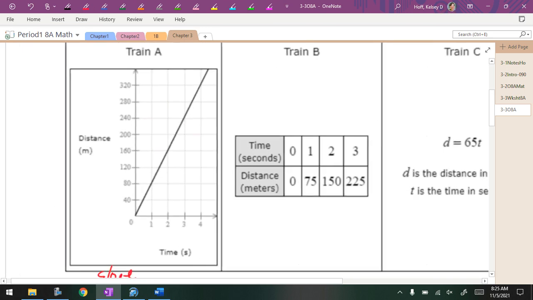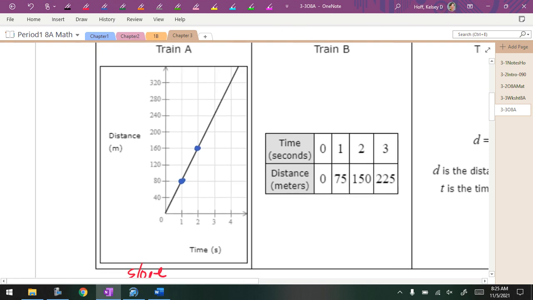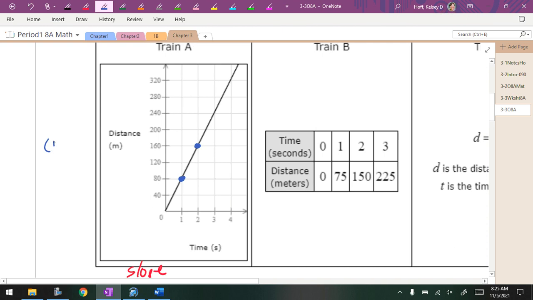Okay? Train A. In order to find the slope, we need to find 2 points that are on that graph. I would say this one here and this one here. Everybody follow me? So this would be (1, 80) and (2, 160).